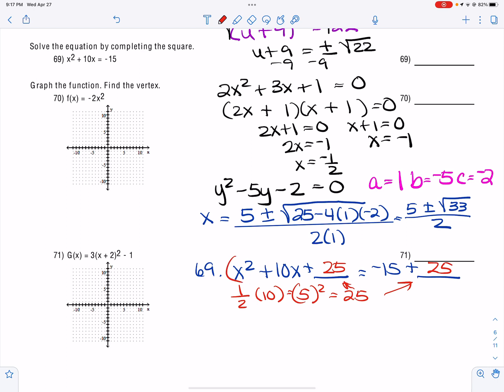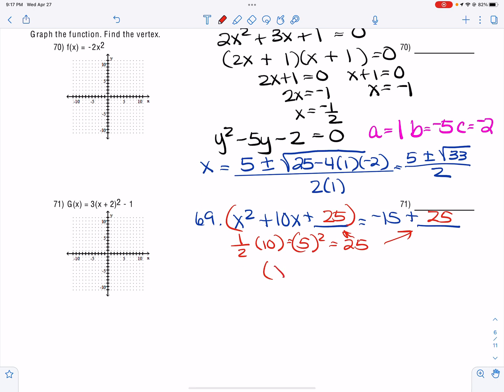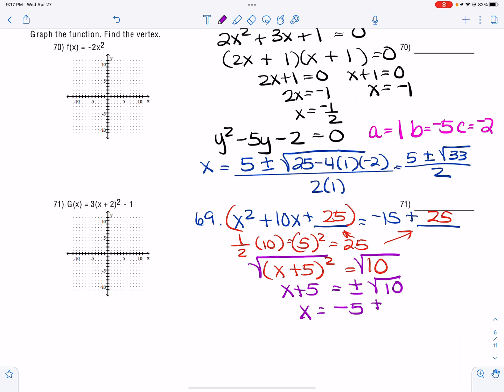Then I factor this group, and that's going to become x plus 5 squared. And then I simplify. -15 and +25 is +10. And then I take the square root. And so I get x plus 5 is equal to plus or minus the square root of 10. And last but not least, I subtract the 5 so that I get -5 plus or minus the square root of 10. And I'm going to stop there, and then we'll start graphing.